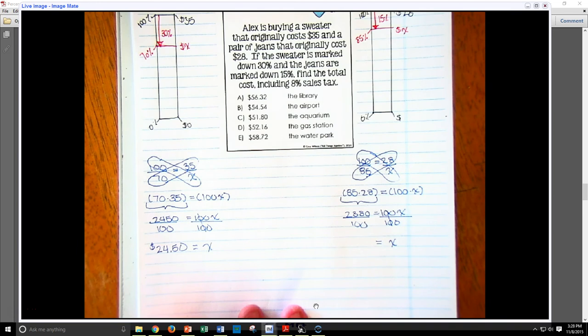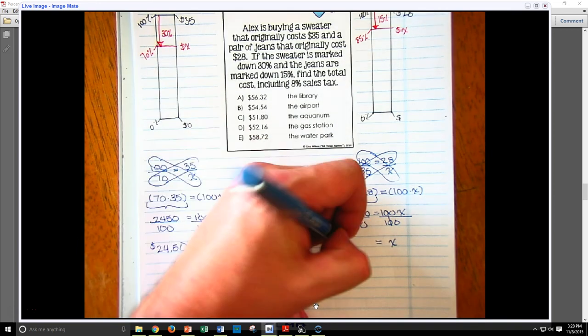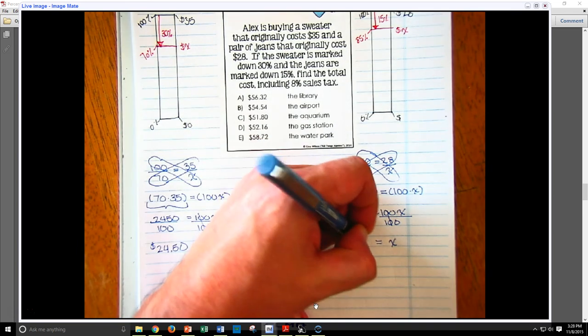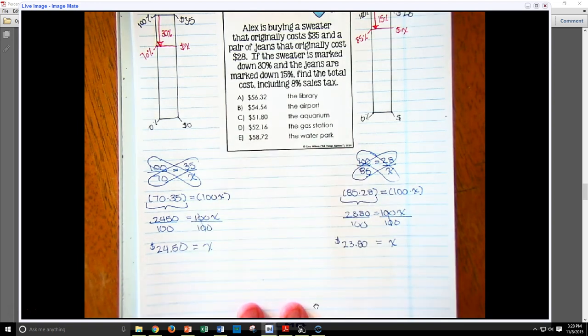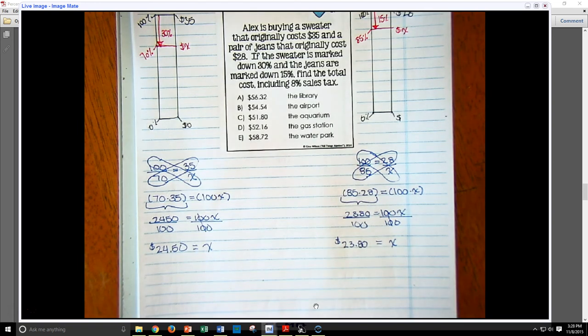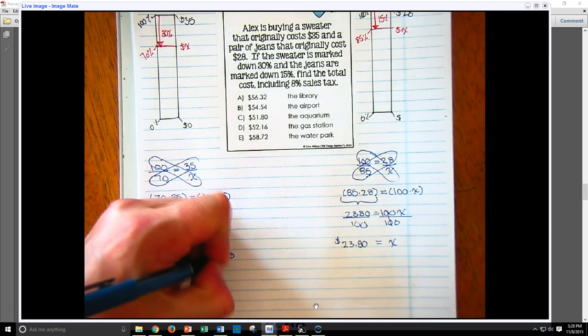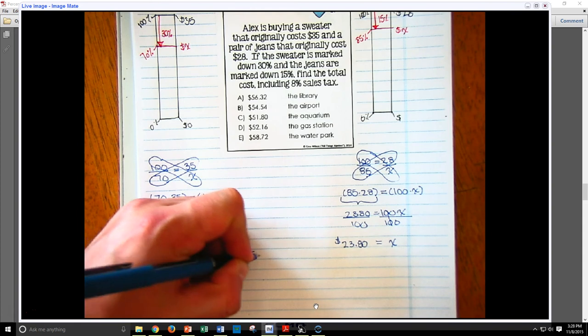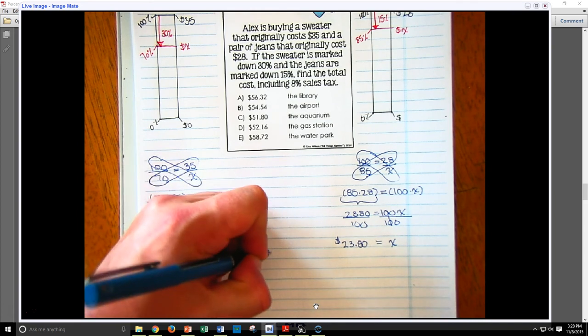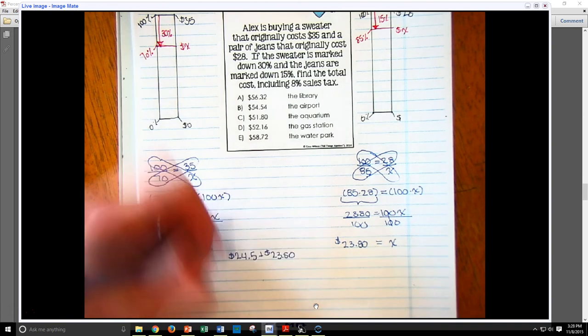And then we have 2,380 divided by 100 is $23.80. And that's the sale price of the jeans. But both of them are being bought at the same time. So that means both of them will be added together. I will add the $24.50 plus the $23.80 to get a total price.